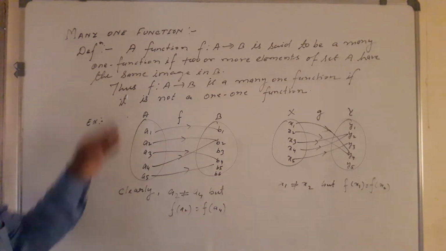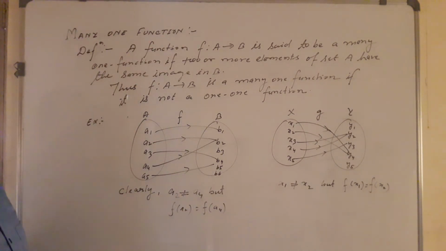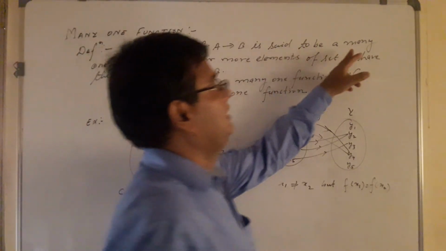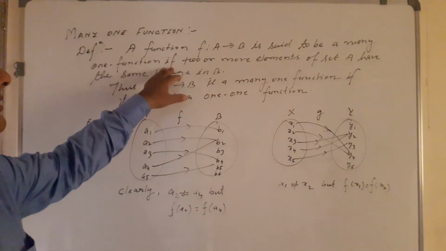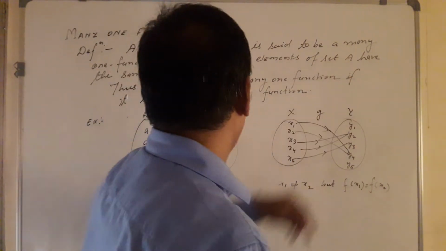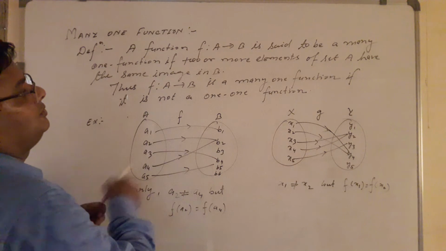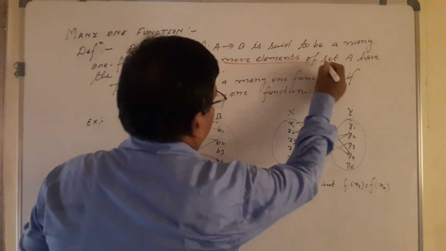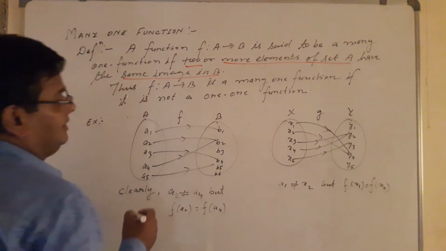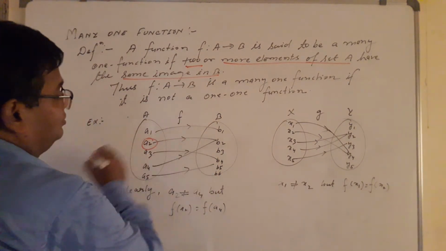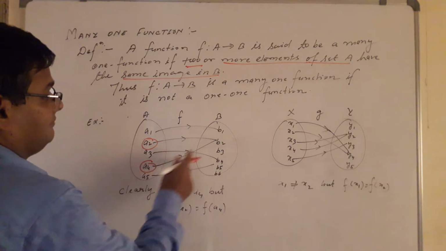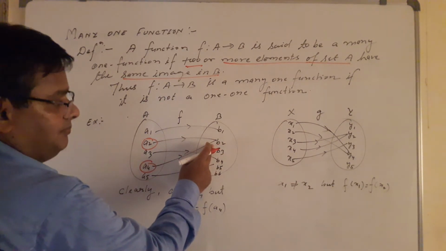Many-one functions. A function f from A to B is said to be a many-one function if two or more elements of set A have the same image in B. Here a2 and a4 have the same image b2.